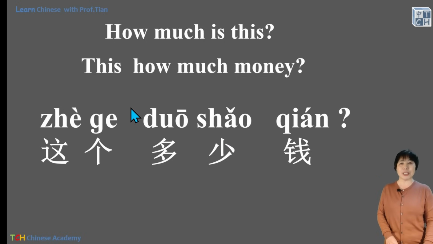So in English, we say how much. And in Chinese, we do say, how much and how less. So we simply put the two opposite words together. 多, many, and 少, less, to indicate how much or how less. That's the question. So, and then 钱, this one is the second tone.